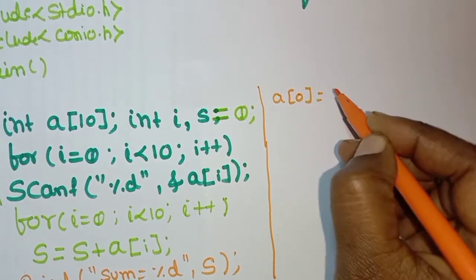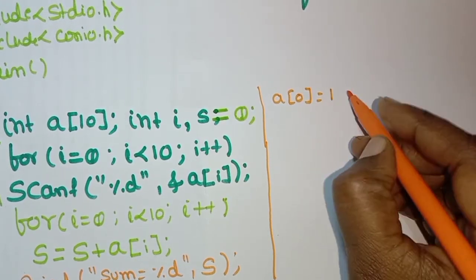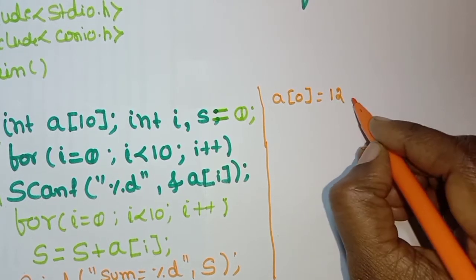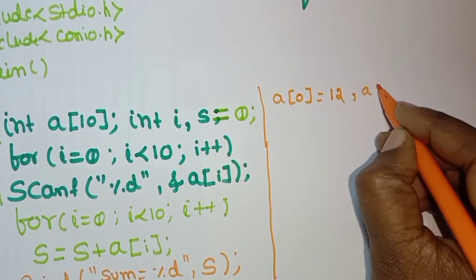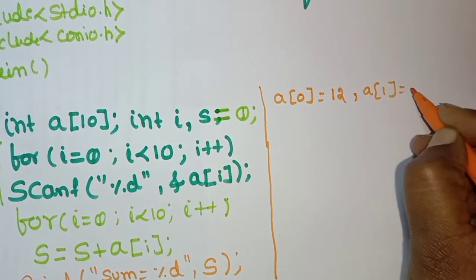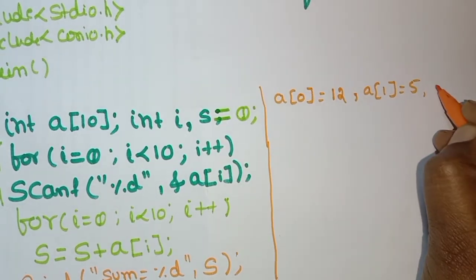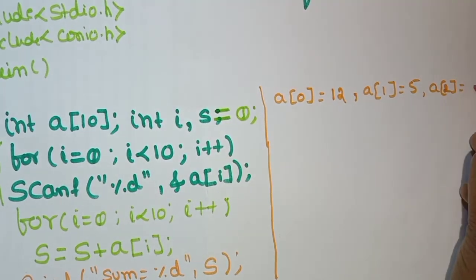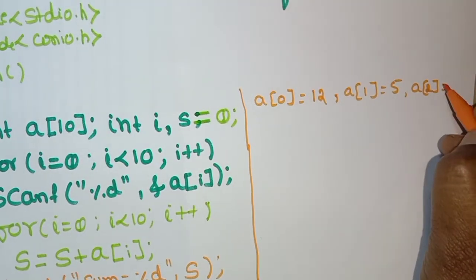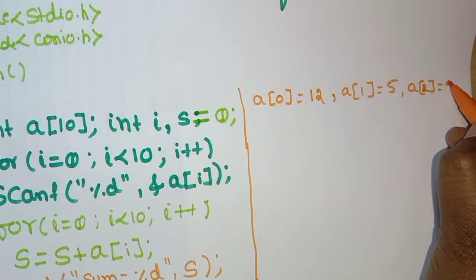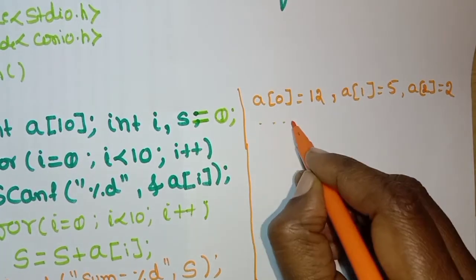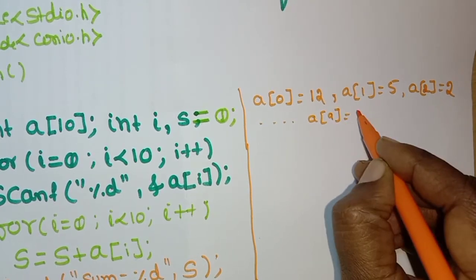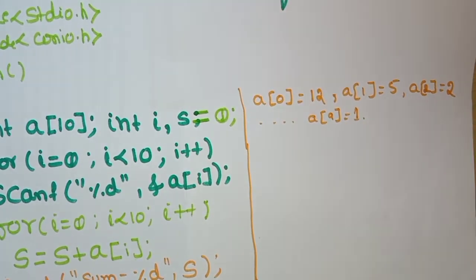Let us take, I have given 12. Similarly for a of 1, we have taken 5. For a of 2, let us take 2. Similarly, the values are assigned till a of 9. You have taken a of 9 is equal to 1, like that.